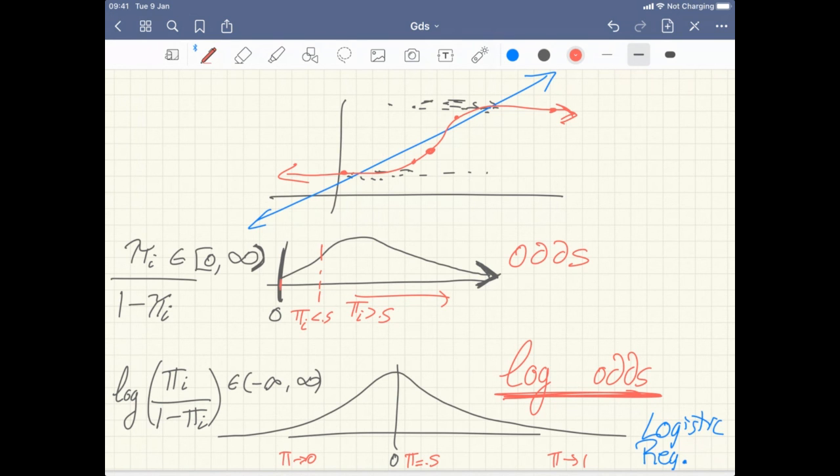The logistic regression is a linear regression in the log odds. And by transforming it from there back into the original space, where y can be 0 or 1, we get a model that correctly predicts probabilities within the range of 0 and 1, always.